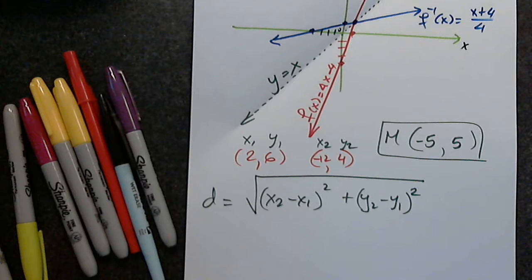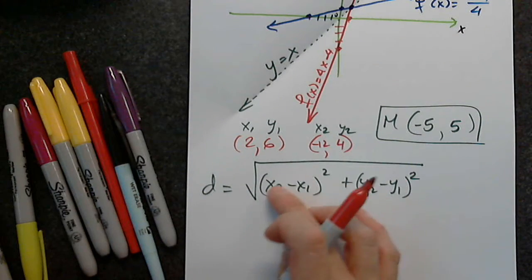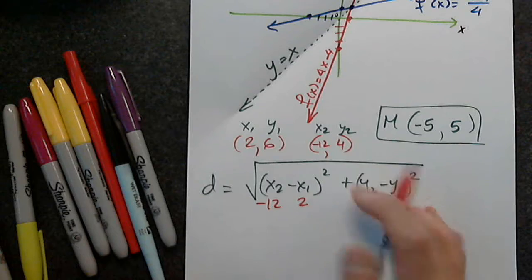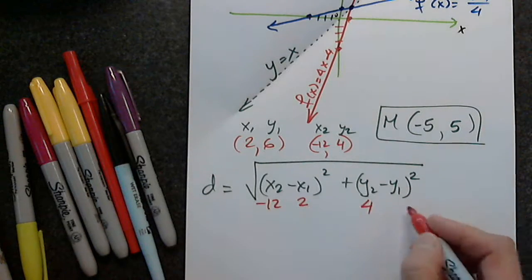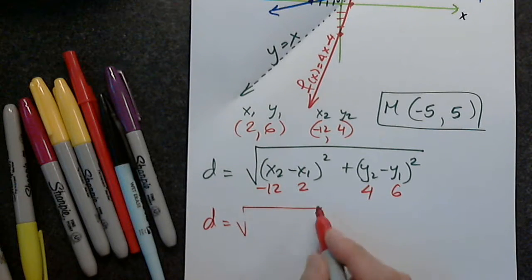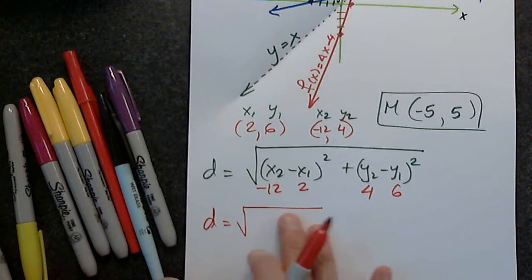So now, I like to write them underneath so I don't have to write the whole thing again. So this is my x2, and this is my x1. This is my y2, and this is my y1. So then the distance will be the square root of, remember, we can never find a negative number underneath.